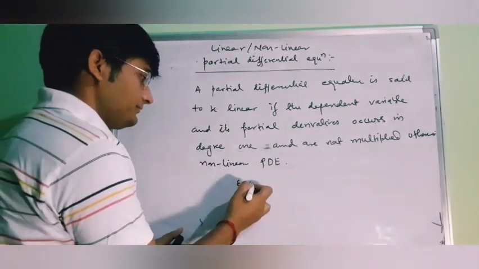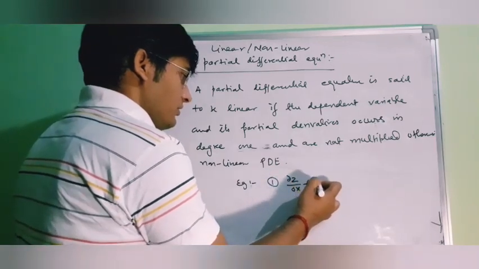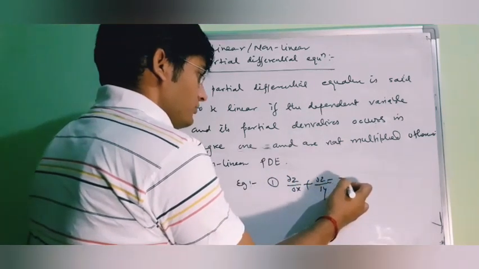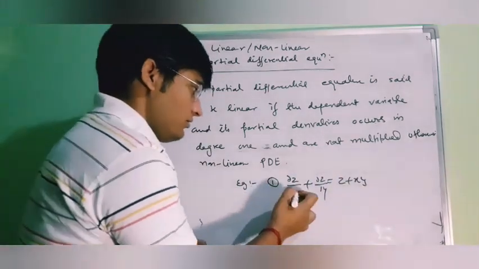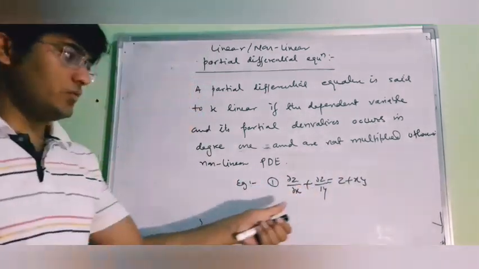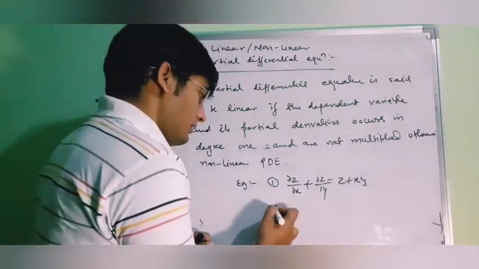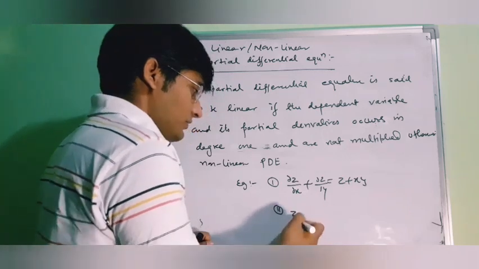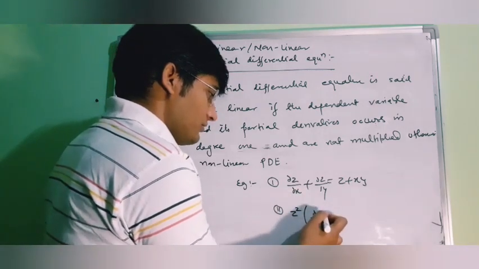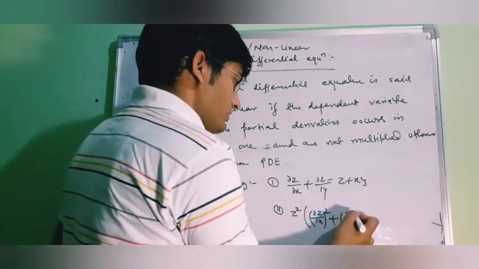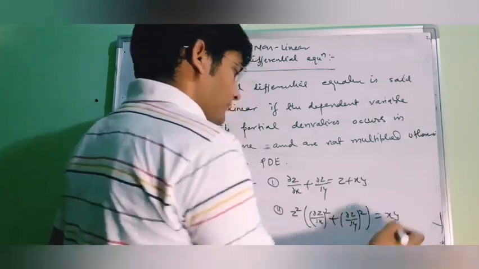For example, say this is your first example. Here you can see that the partial derivatives have degree 1, so you can say that it is linear. And in the second example, suppose we have del z upon del x whole square plus del z upon del y whole square is equal to, say, some xy.